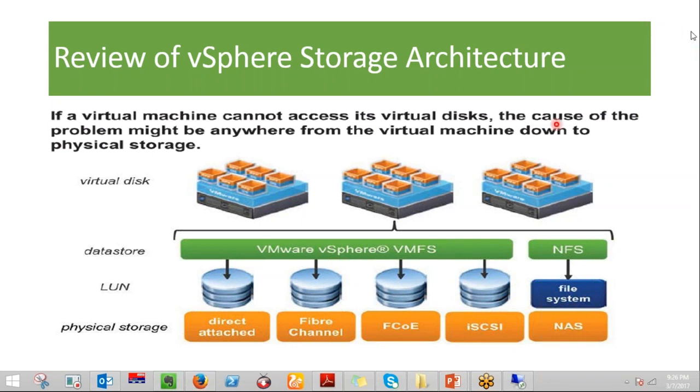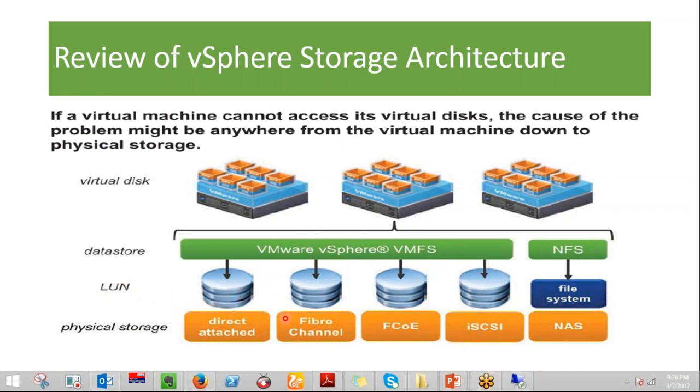So moving to the next slide. In these storage architectures, if a problem occurs with accessing storage by your ESXi host, there are various layers we have to validate. When you see this storage directly, that is called physical storage. When you provision storage to your ESXi host, that is called a LUN.